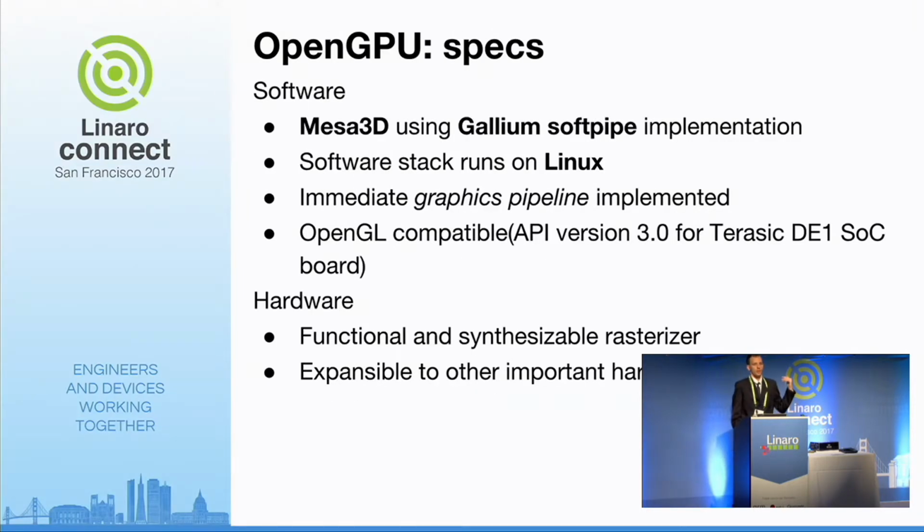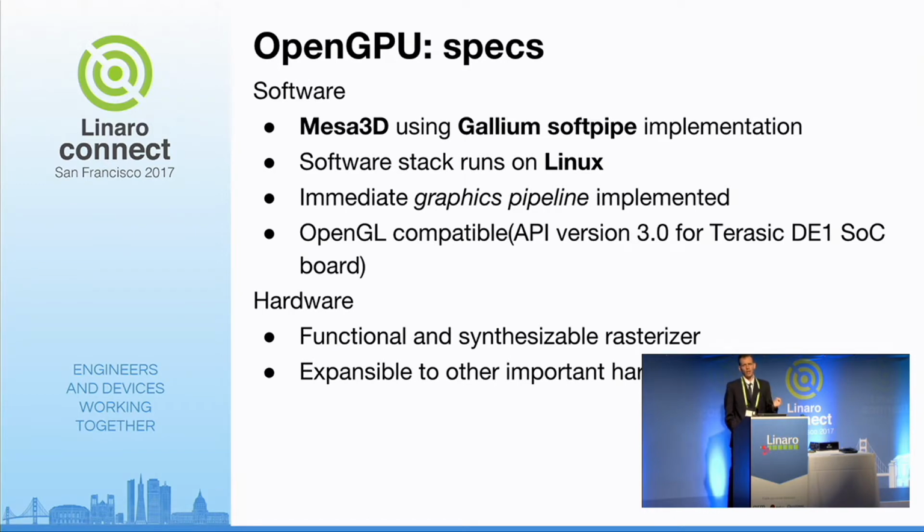Well, we have an implementation. It is running. It is very simple, but it runs on Linux, using the software stack of Mesa 3D, the Gallium softpipe. Softpipe is a driver that runs on Gallium.